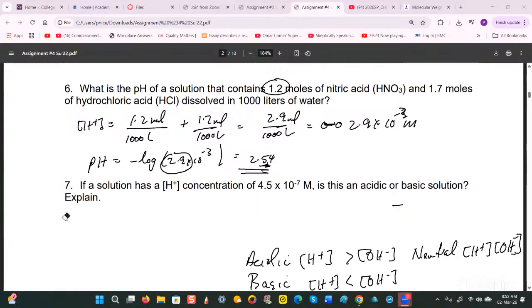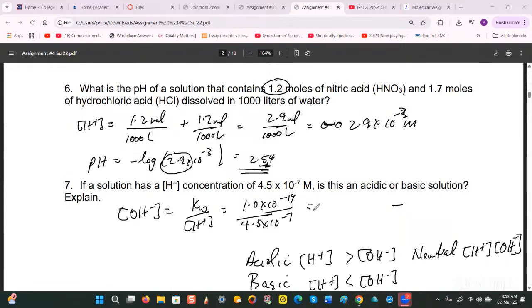If you were to find the concentration of OH minus, it would be equal to Kw divided by the concentration of H plus. That'll be 1.0 times 10 to the minus 14 divided by 4.5 times 10 to the minus 7. And what does that give?